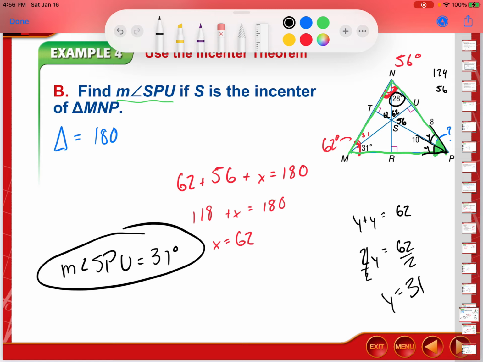SPU should be 34. Because then 62 plus 56 would be 118.